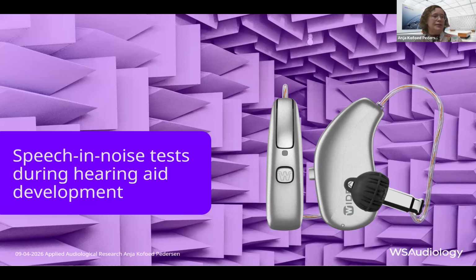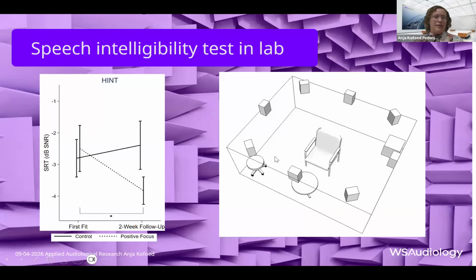A speech and noise test helps set the direction for feature development, for example, when comparing speech test results for 2 suggested noise reduction feature settings. And also, as a final quality check before product release, we can benchmark speech test results with our previous top model or with competitors. Most often we use an adaptive speech in noise test, where we look at the final speech reception threshold.